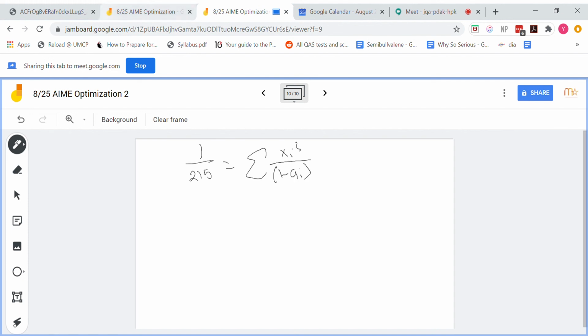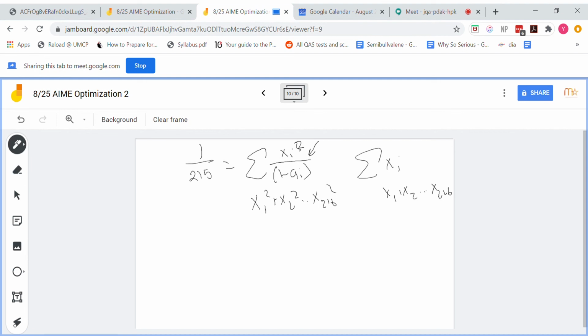Okay. So now, we're given a couple of things here. We're given the sum of the xi, and we're given the sum of the xi squared, though they're multiplied by a constant. So we're given something related to x1 squared plus x2 squared all the way to x216 squared. And we're also given x1 plus x2 all the way to x216.